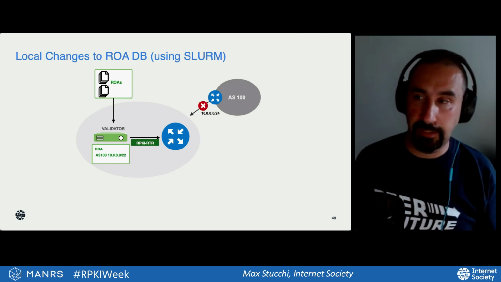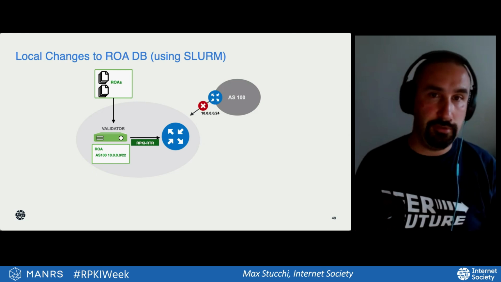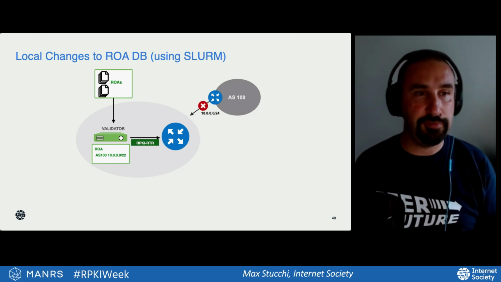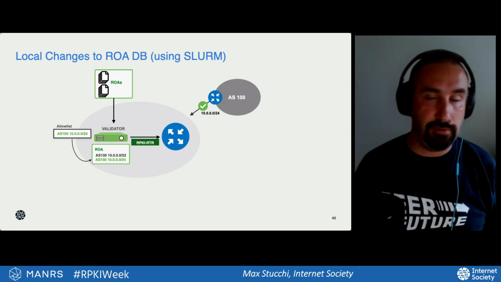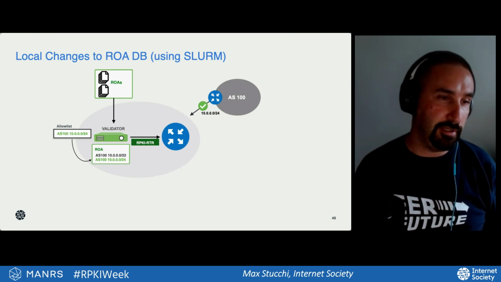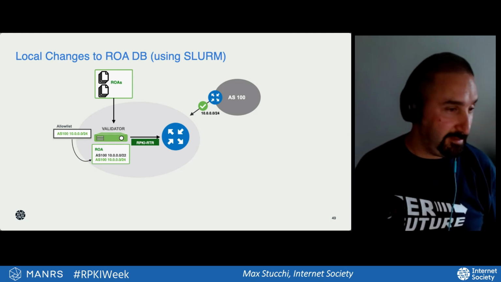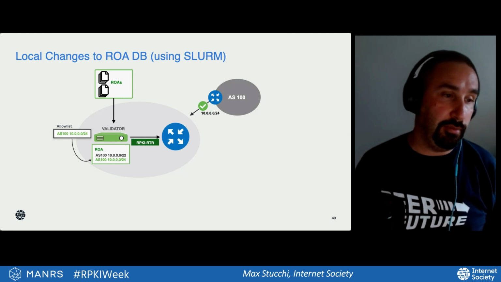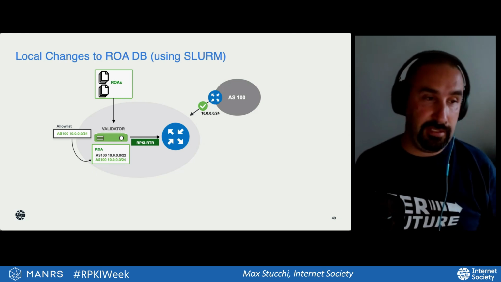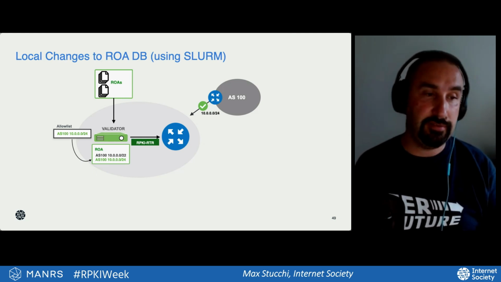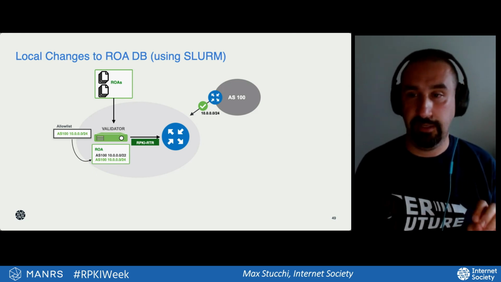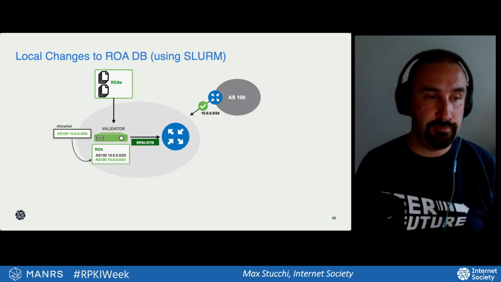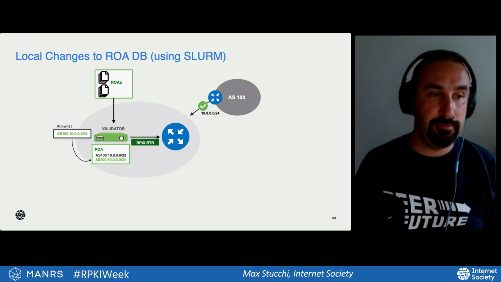What can you do? There is a system called SLURM that helps you create what's called an allow list, or yes, it used to be called a whitelist. You are telling the validator to create a fake ROA inside its validated cache with specific details.